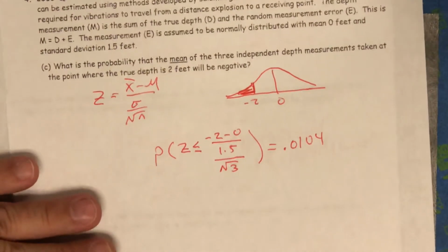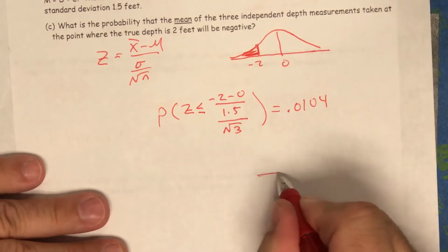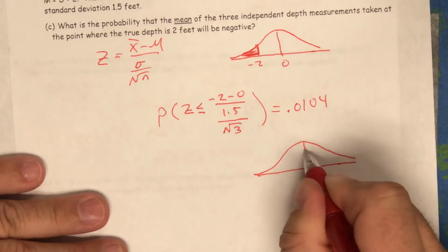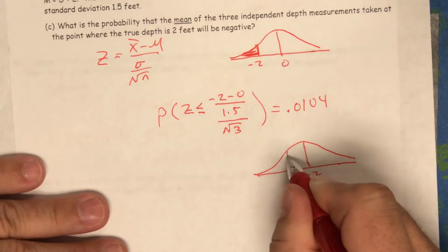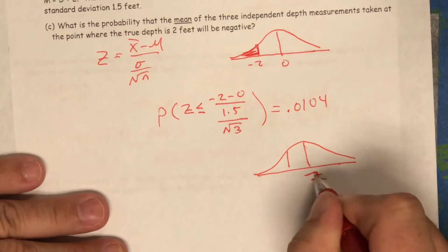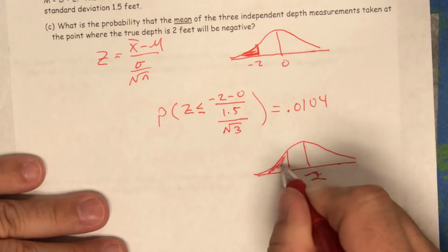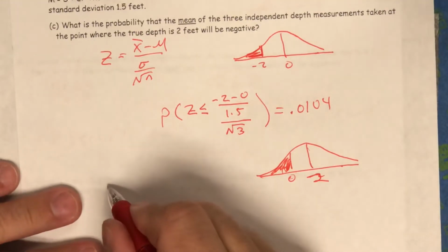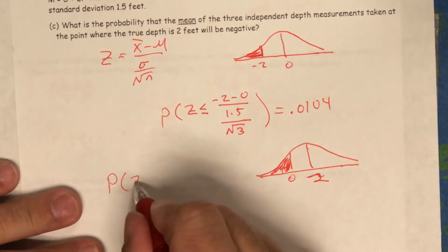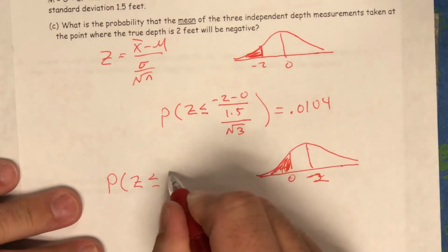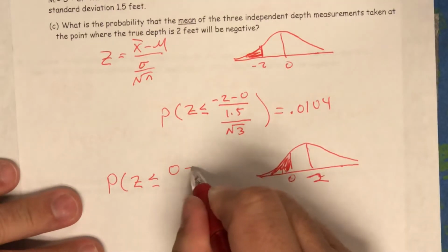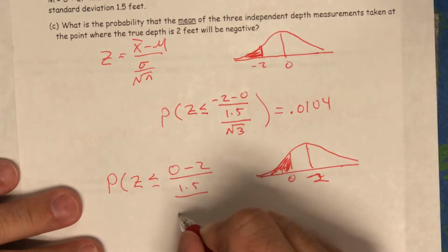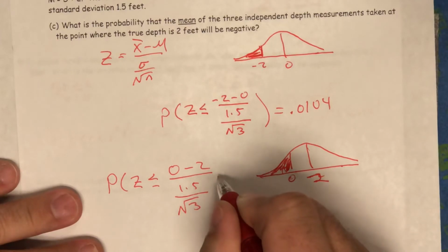If I use the other method, or the other diagram, where we're centered at +2, but 0 represents when we go negative, it's still going to be set up the same way, but it's the probability that z is less than or equal to 0 minus 2 over 1.5 divided by the square root of 3.